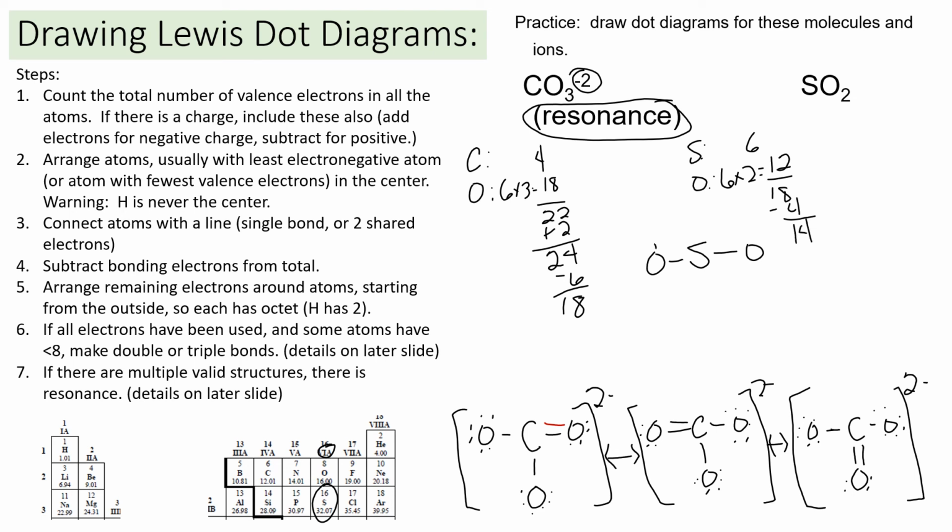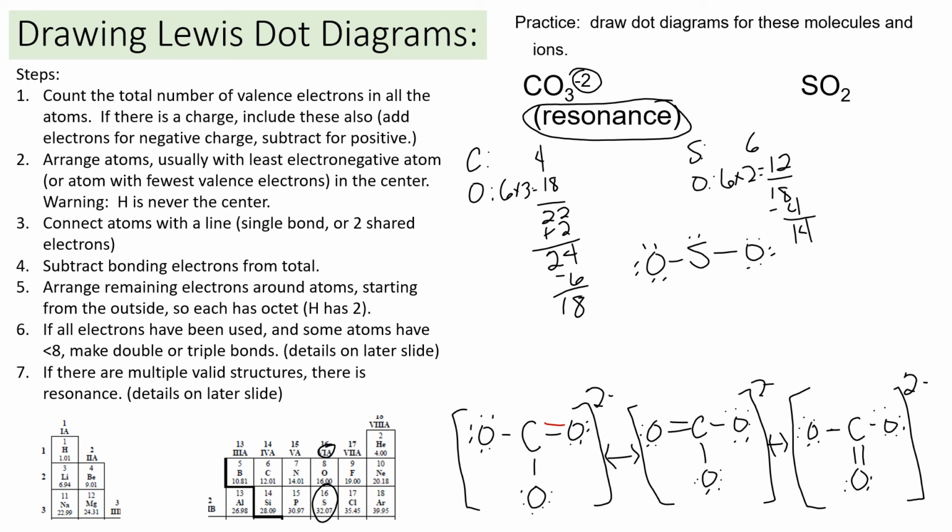Start with the oxygens, give each oxygen 6. That's 12 electrons. We have 2 more, and sulfur needs some more electrons, so we'll put the 2 more on sulfur. And you really might have wanted to put 2 more on sulfur, but we're out. That's 14 dots, and so we have to stop. But sulfur doesn't have enough.